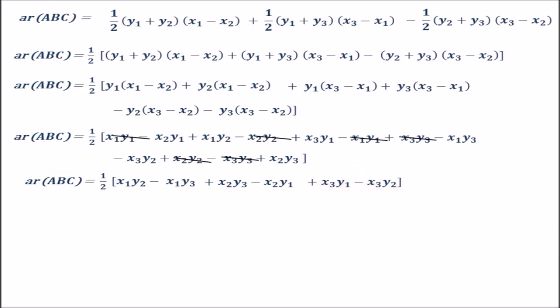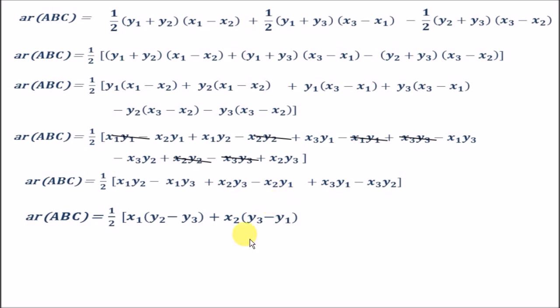Now we can take common from these terms. So area of triangle ABC equals half. From the first two terms we have taken x1 common, so we'll have y2 minus y3 inside bracket. Plus from the next two terms we can take x2 common, so inside the bracket we will have y3 minus y1.